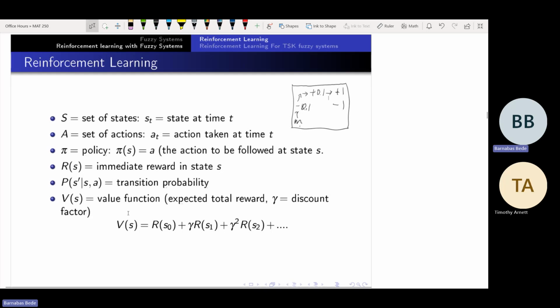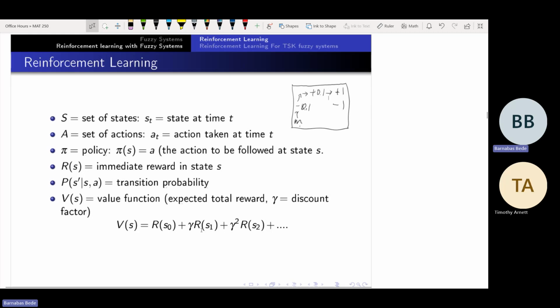So for the total reward, I'm in state S0, and I'm taking actions to reach S1, S2, S3, and so on. I get a reward for S0. Then I get a future discounted reward for S1.